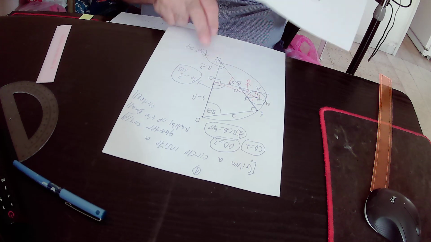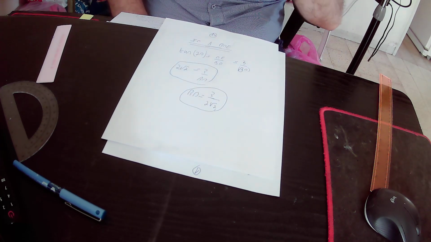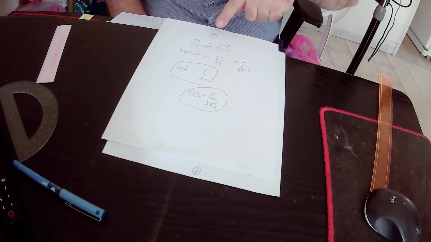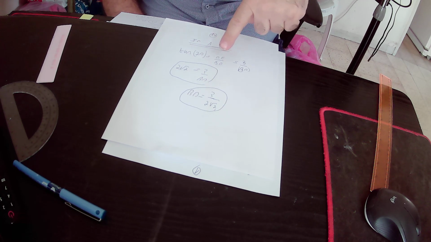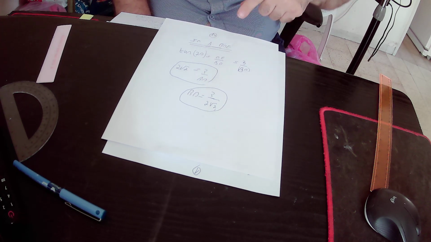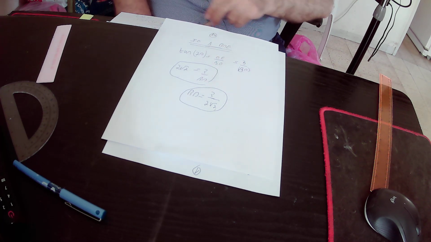It equals 3 over OB. And we already found out that tangent 2 theta equals 2 times root 2, so we will substitute that. It equals 3 over OB. From this equality, we found out that OB equals 3 over 2 times root 2.